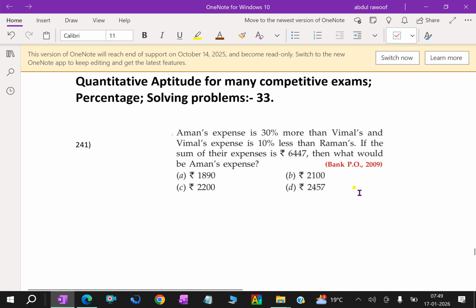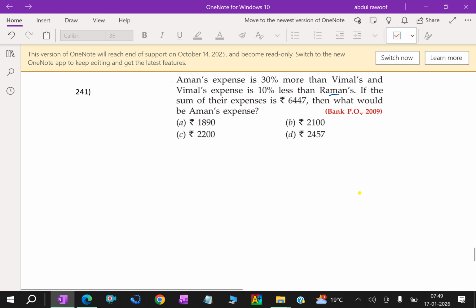Here, there are three persons. First, Raman's expense. Raman's expense is x.